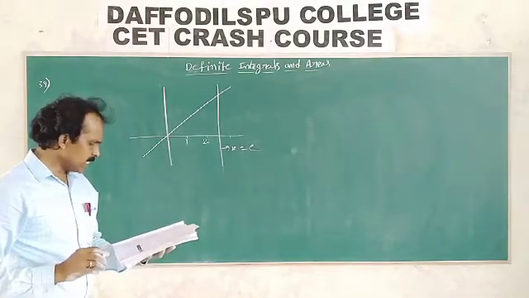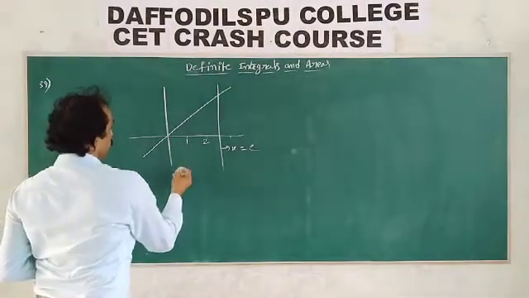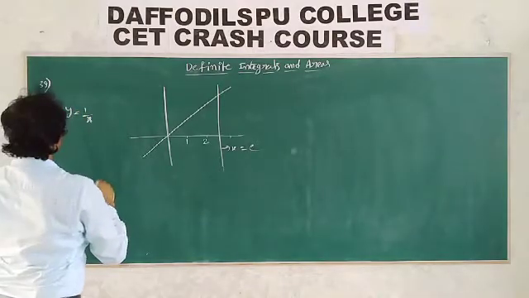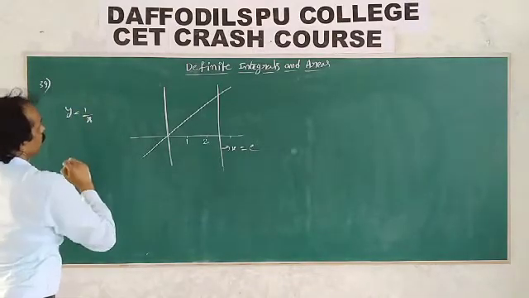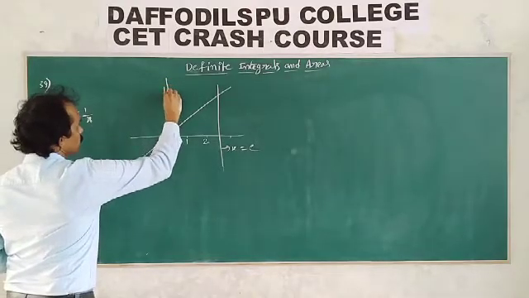Next, y is equal to 1 by x. At x is equal to 0 it is not defined, so the graph is like this.